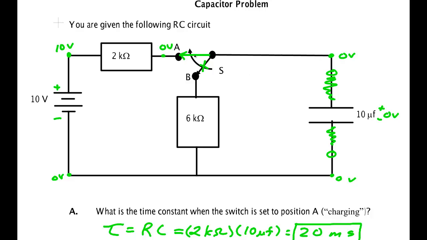If no current can flow this way, then there's no current flowing through the 2K ohm resistor. So there'll be no voltage dropped across the 2K ohm resistor. That means that we step up 10 volts, we no longer drop anything. So this is at t goes to infinity. That makes this point here 10 volts.